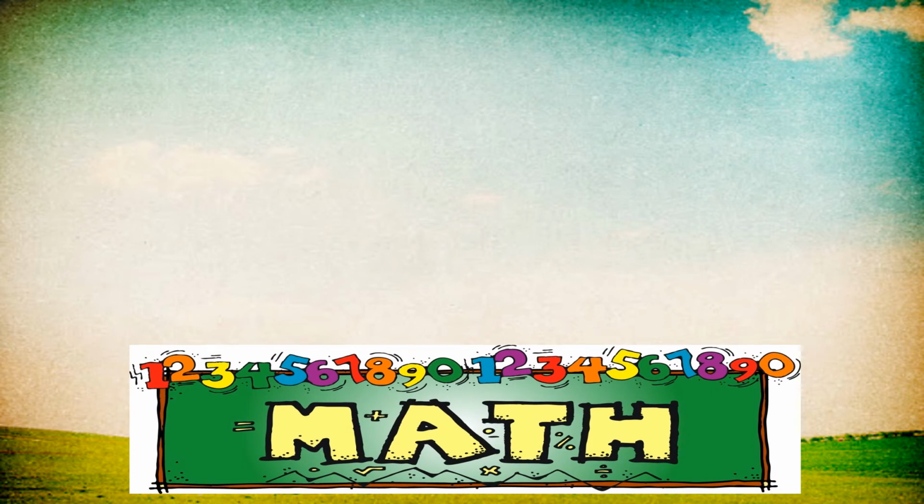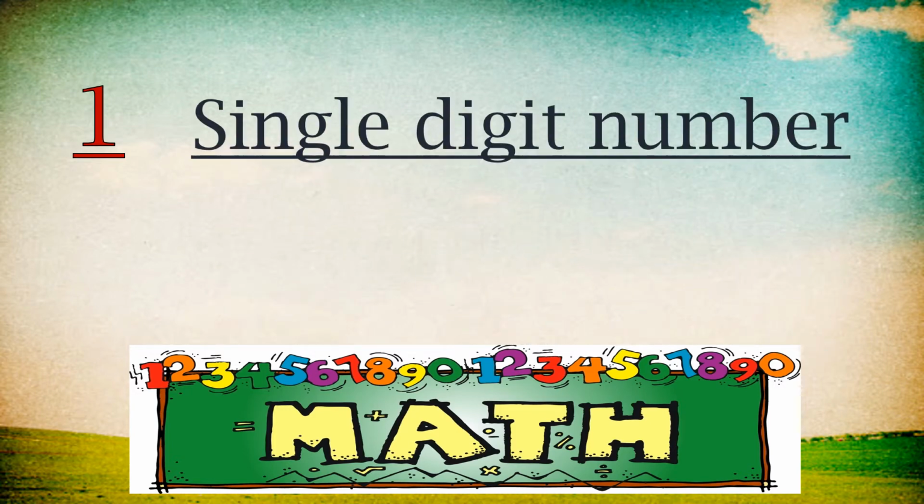Now, kids, since this is a mathematics lesson, I'm going to show you something. What number is this? Good job. Yes, this is number 1. Now, 1 is what? It's a single digit number.